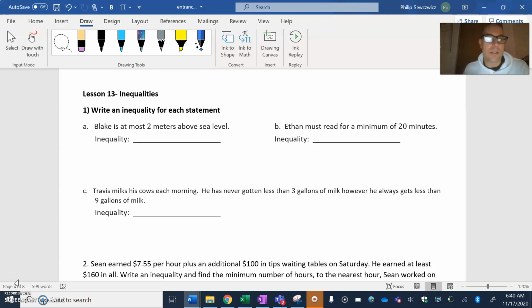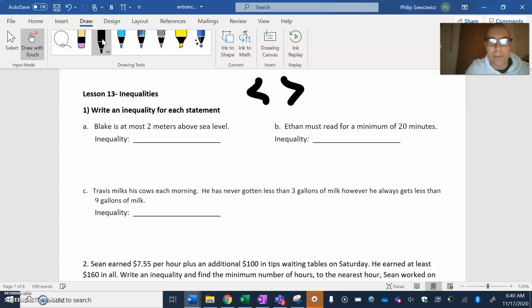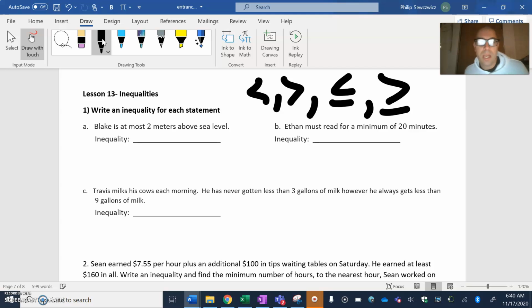Inequalities are your less thans, greater thans, less than or equal to, and greater than or equal to. So again, we've got technically 4 of them in a way. Equals, I guess we'd throw that in there. But typically when they say inequality, you're not going to see an equal sign in there.